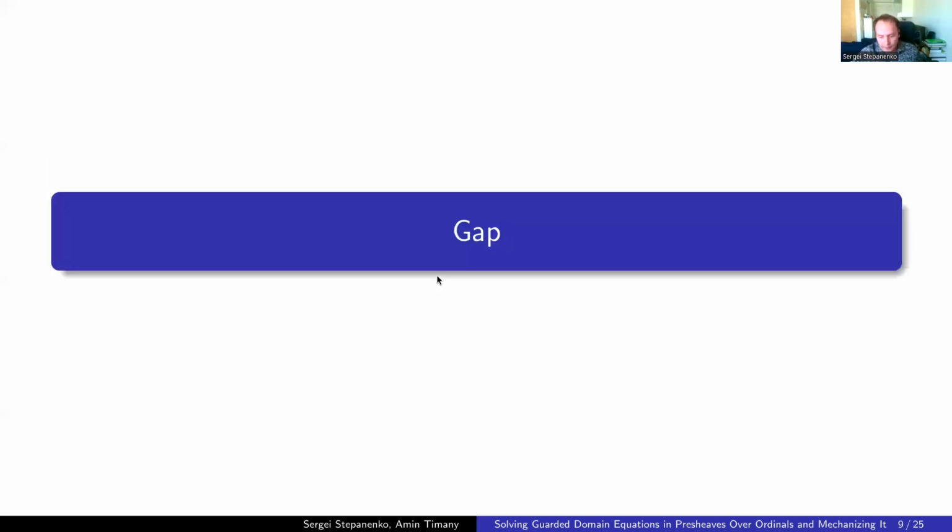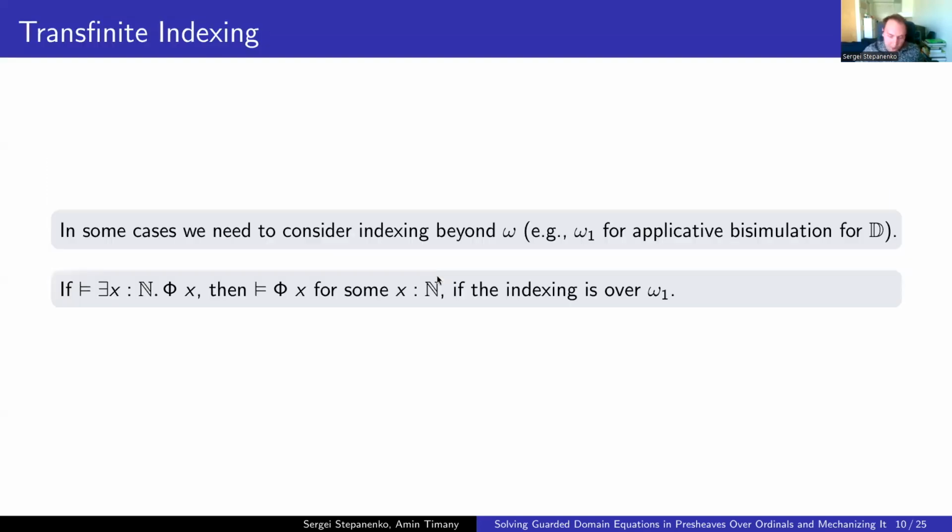Now I'm going to go over the gap that we try to cover in this work. In certain cases, we want to go beyond indexing over just natural numbers. For example, if we would like to study applicative bisimulation for the type that I provided before on the slides, then we would need to use something called an existential property.